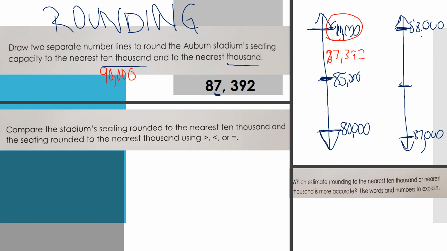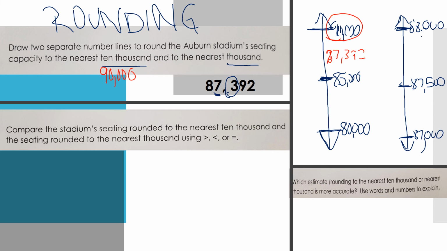Now, when I want to find that midpoint, remember that next digit after that 7 has to become 5 because half of 10 is 5. So we're going to do 87,500. All right, so when I look at this, I'm going to go over here to my hundreds place. It's 300.